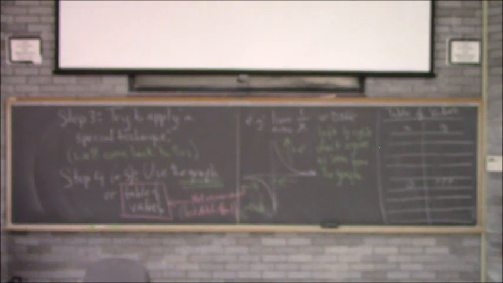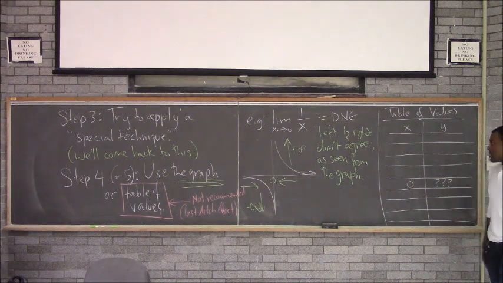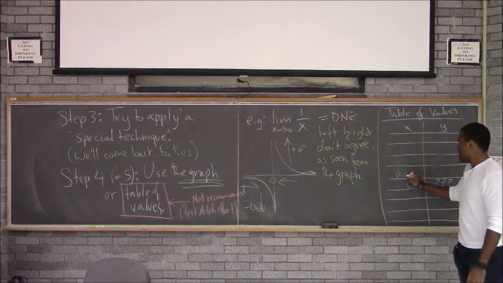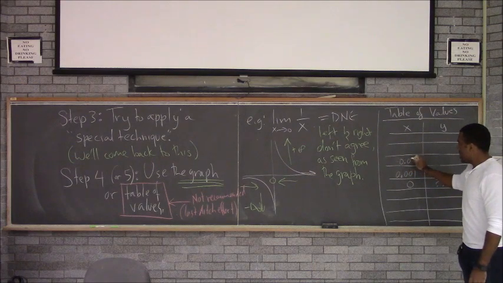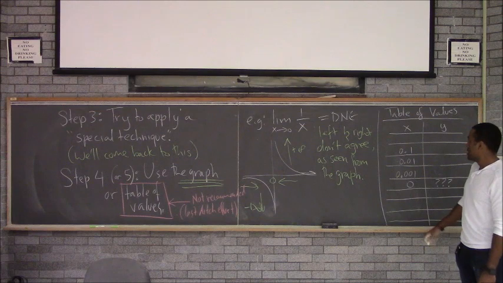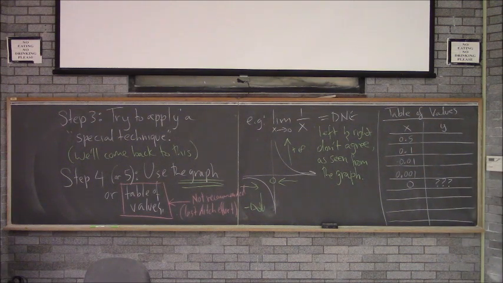Okay? So for something like this, I would say, now remember, you want to get really, really close. So I'm thinking of like 0.001. Then inch away, 0.01. 0.1, maybe 0.5, stuff like that. Right? So you want to get really, really close.